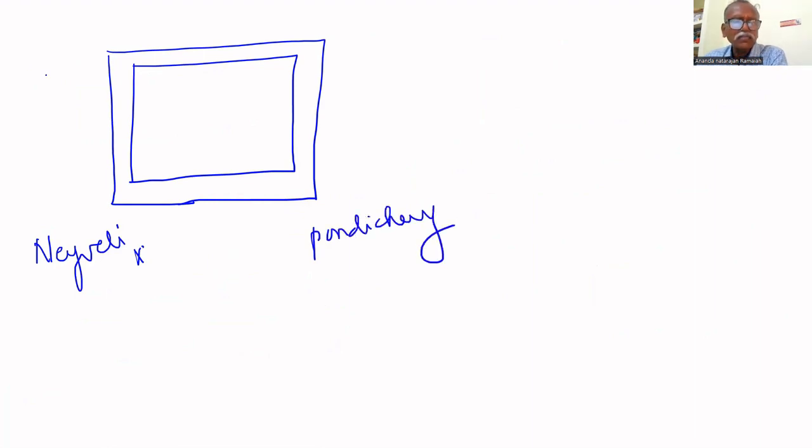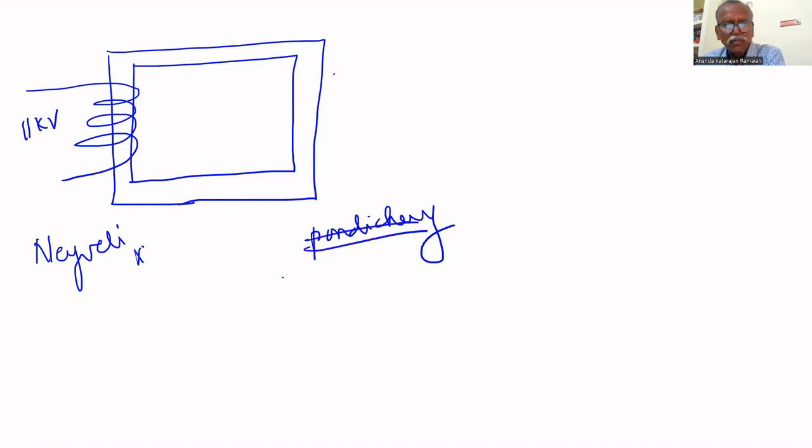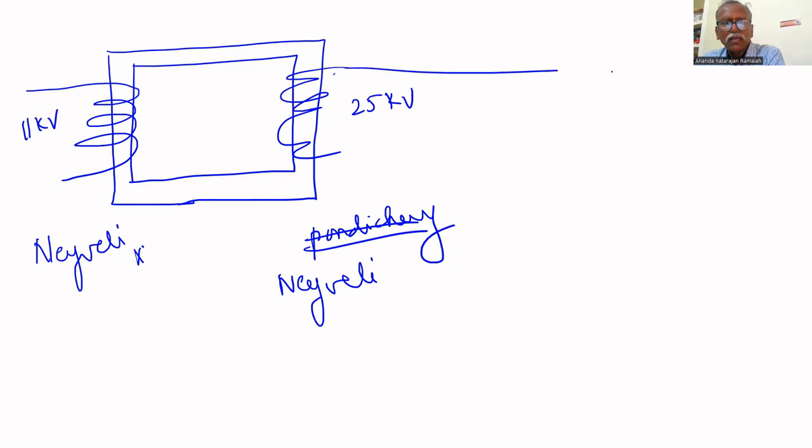In that case, the power produced here is 11 kilovolt. That is stepped up at Neyveli to 25 kilovolt. Then it is transmitted to Pondicherry.